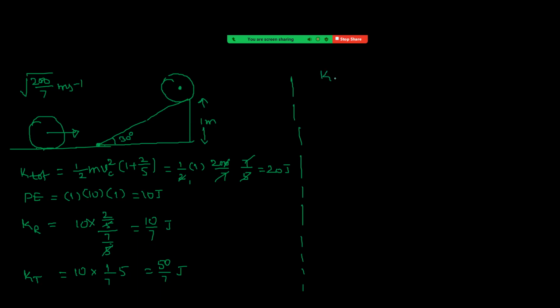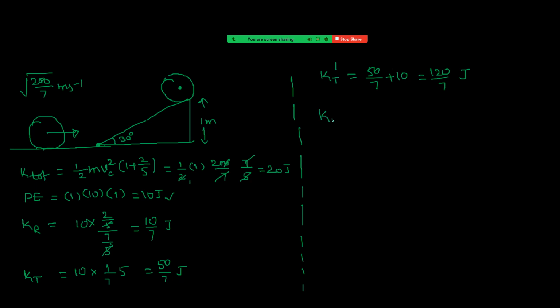So translational kinetic energy on reaching the ground is 50 by 7 plus 10, because height is 1 and mgh is 10. So 70 plus 50, 120 upon 7. So now we have to find the ratio, right?